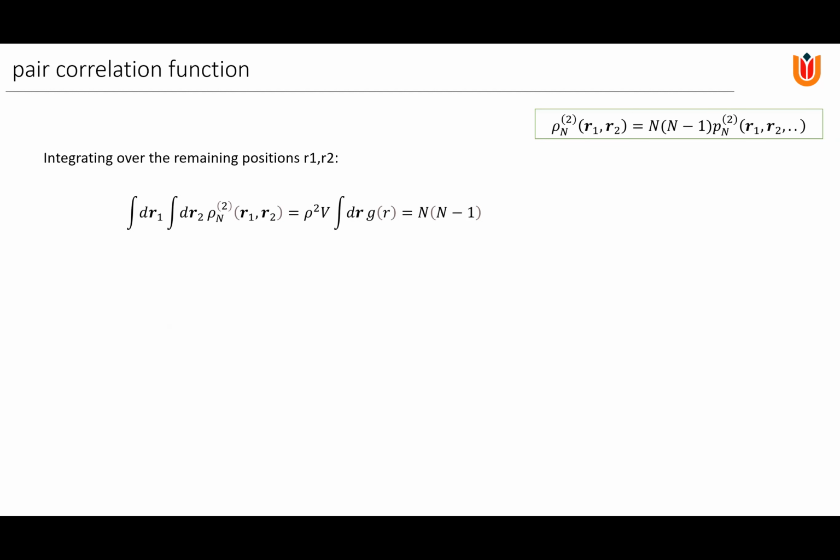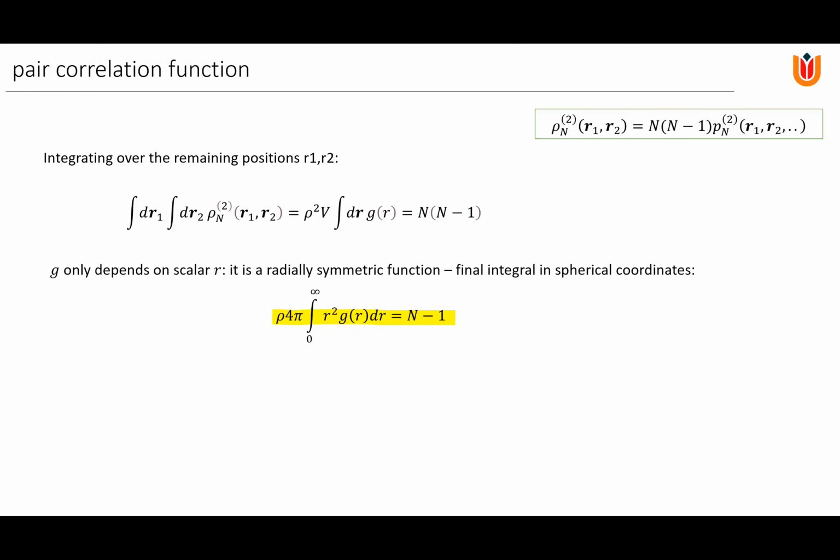We can integrate over R1 and over R2, substituting from the previous slide: rho squared times those functions is n times n minus 1. It depends only on the scalar distance R between the particles.